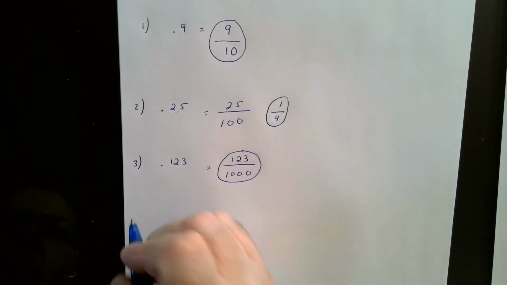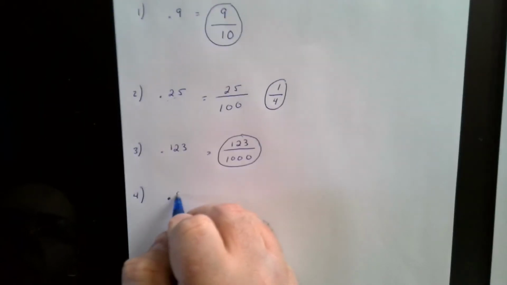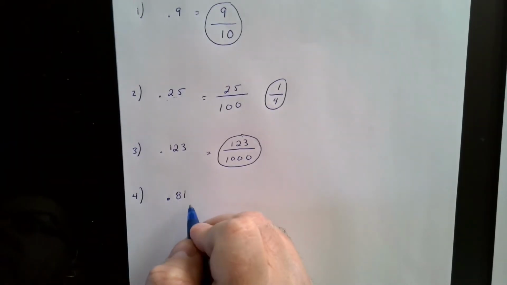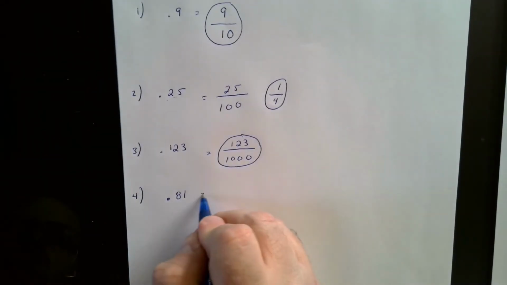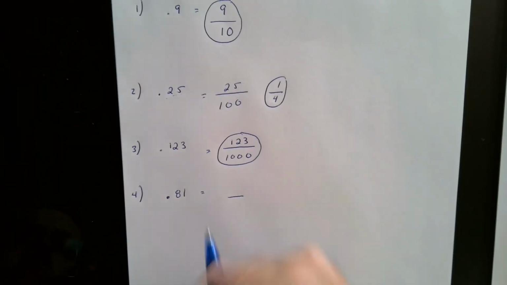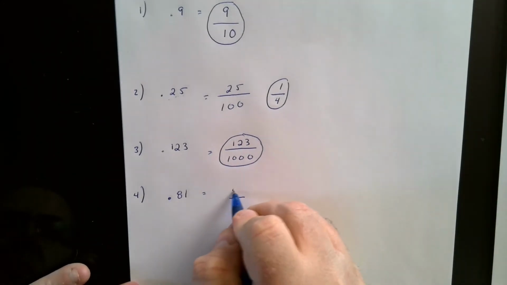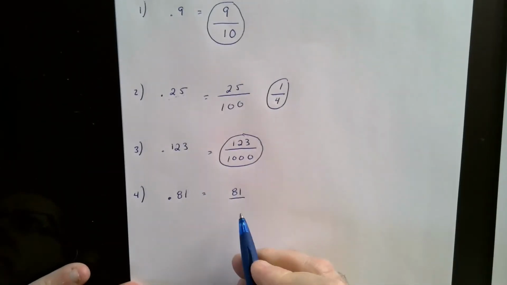Okay, I want you guys to try one real quick. 0.81. Turn that into a fraction. Okay, so 81 is the number behind the decimal, so that is what's going to go on the top in the numerator location.